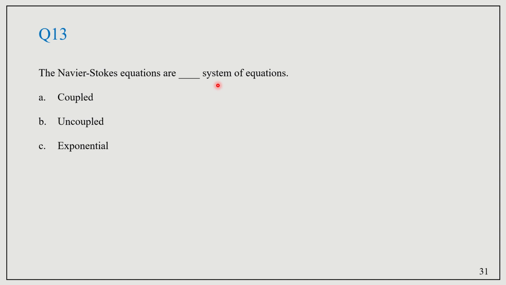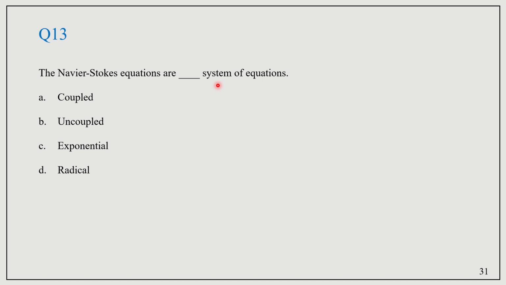Option C, exponential equation. Option D, radical. So actually we call Navier-Stokes equations a coupled equation, and it falls under the coupled system of equations. So option A is the right answer.